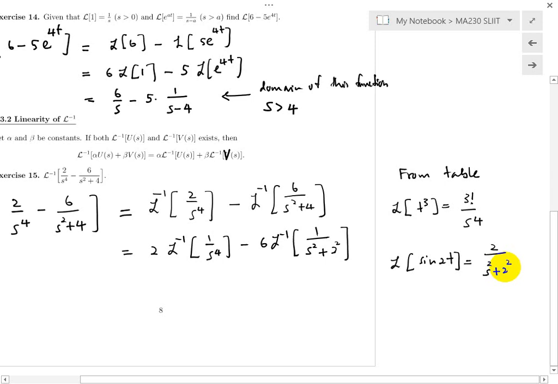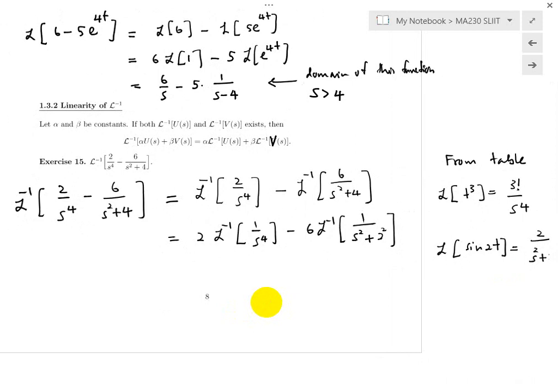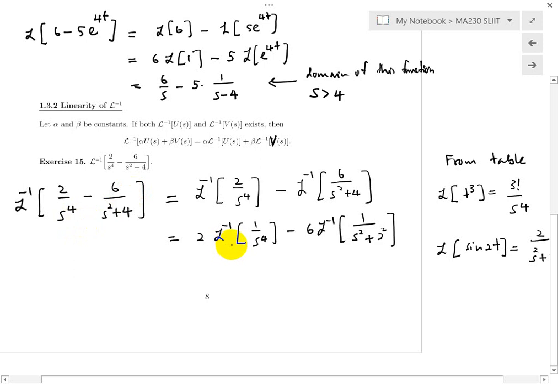Okay, so in this question, maybe you have done it. You can straight away apply the linearity here. You can take the 2 out. Then this is the inverse Laplace transform of 1 over s to the 4. Then you can take the 6 out, so minus 6 times the inverse Laplace transform of 1 over s squared plus 4.